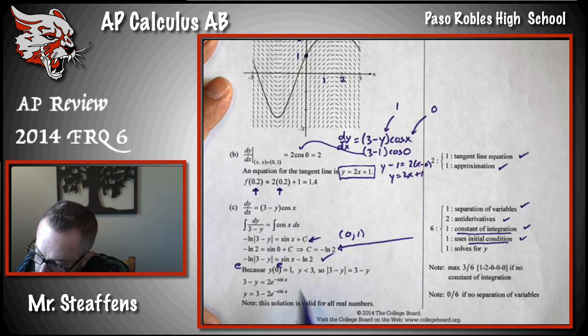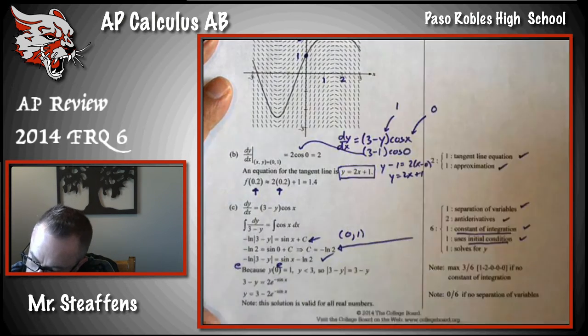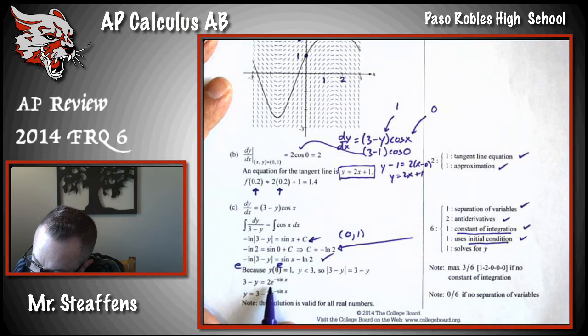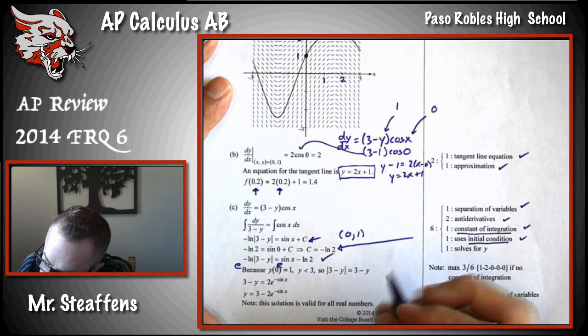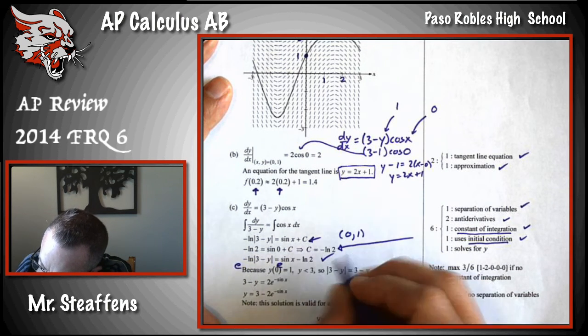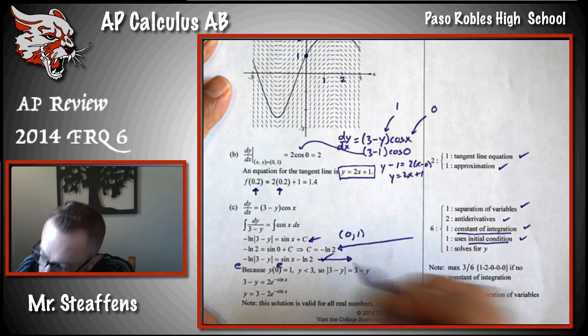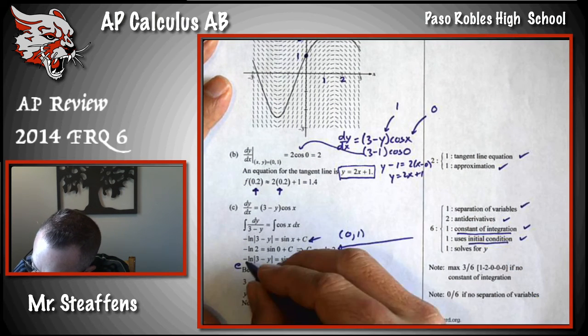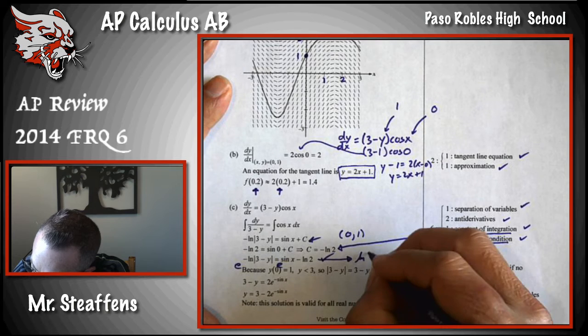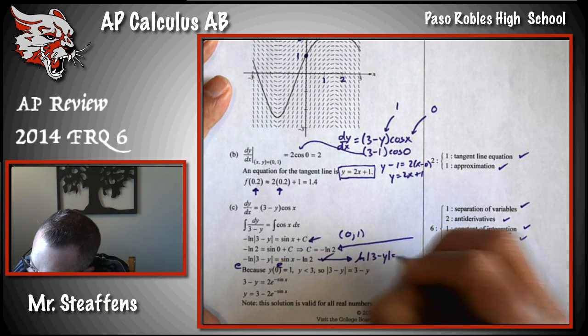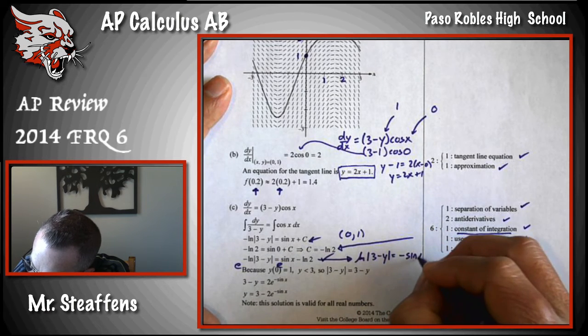And that would leave me with, what did they do? So you see the minus sign here, so they must have used this minus sign first. So maybe their first step in this problem right here was to say, you know what, let's move this minus sign out, and let's say the ln of 3 minus y equals negative sine x plus ln of 2.